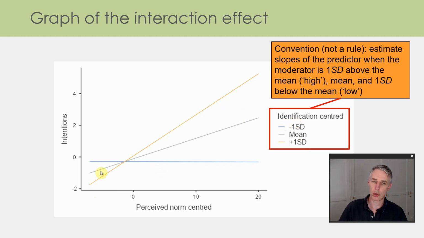We have the slope, this blue line, of norm estimated when identification is 1 standard deviation below the mean, so low. The grey line is the slope of norm when identification is at its mean level, and this gold line is the slope of norm when identification is 1 standard deviation above the mean, in other words, when it's relatively high.